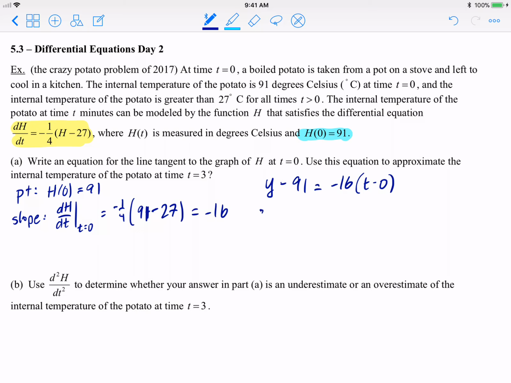And so the way that we would do that is we would say h of 3 is approximately, and then what has to happen is that this minus 91 has to move to the right-hand side of the equation. So it's going to say positive 91 minus 16 multiplied by t minus 0, and there we have it. You can feel free to just leave your answer like that.